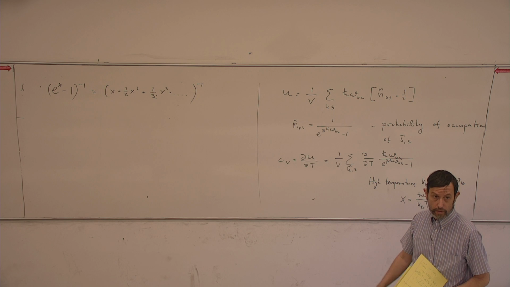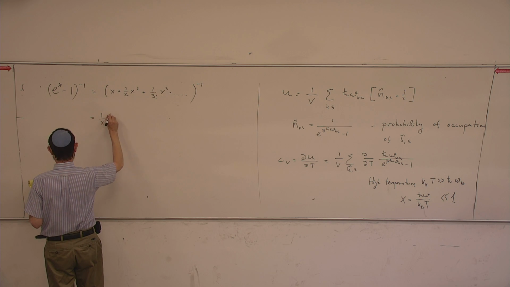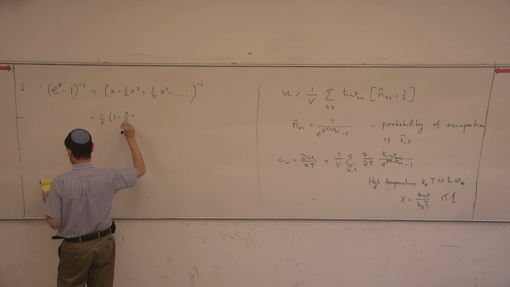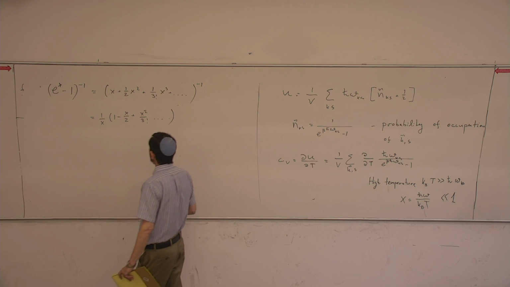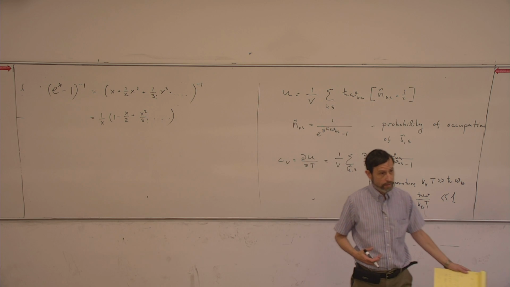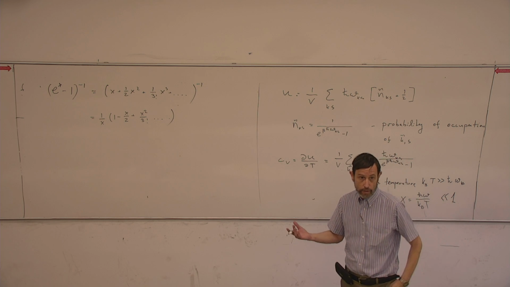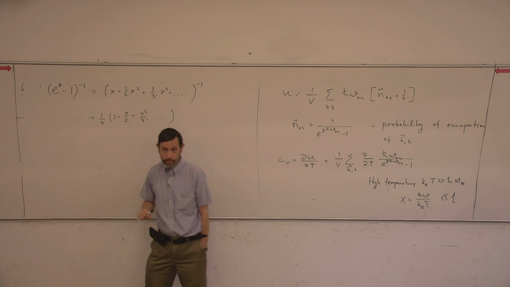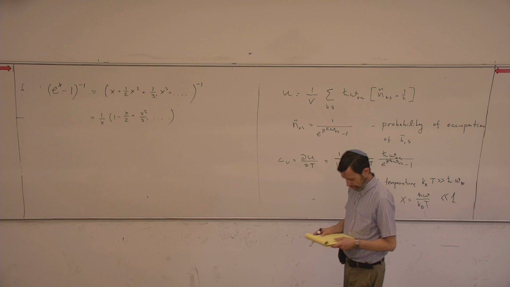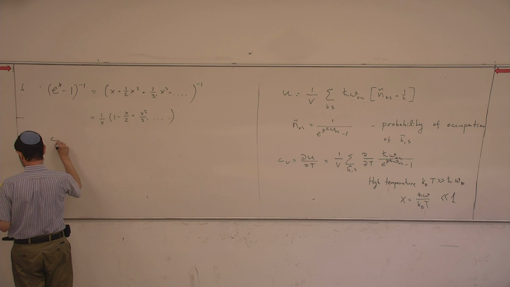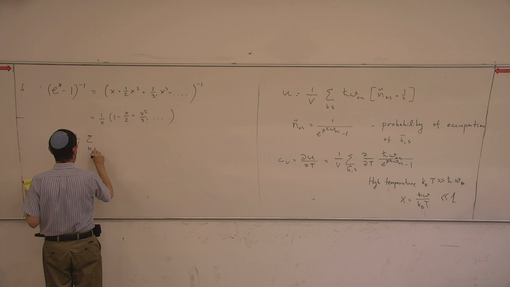So I wrote it down as a Taylor expansion. Pulled out x and another Taylor expansion, that 1 plus x to the power minus 1 is just 1 minus x, so I wrote it down. And I use this approximation here.